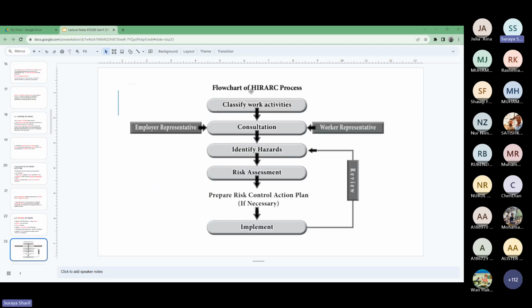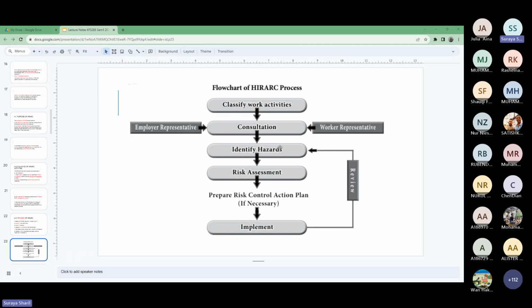So this is the flowchart of a HIRARC process. So first is to classify work activities, and then consultation, whereby the representatives from the employer and from the employees.